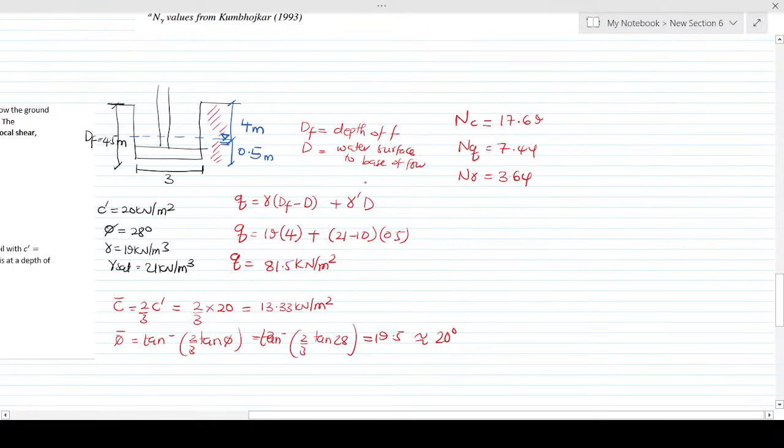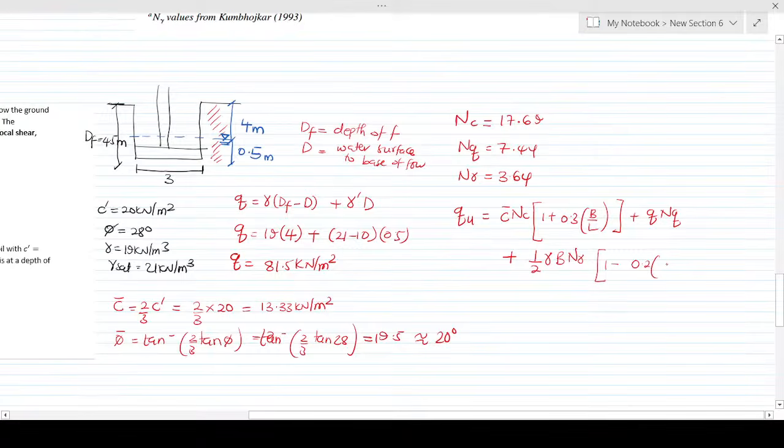So, what is the equation for applying the bearing? For a rectangular foundation, the equation is given as qu is equal to c bar Nc multiplying 1 plus 0.3 B over L, plus q Nq, plus 1 over 2 gamma B N gamma multiplying 1 minus what? 0.2 B over what?